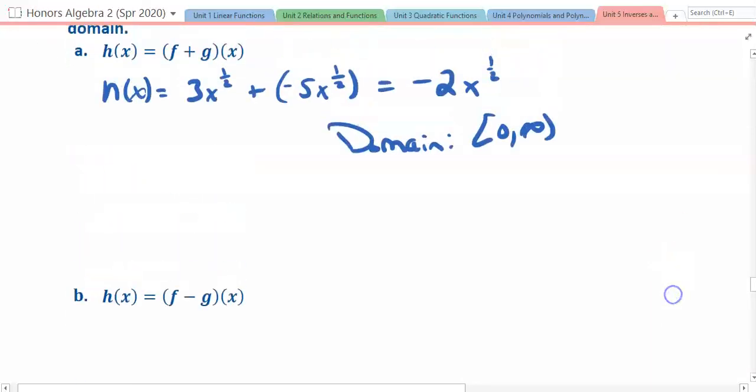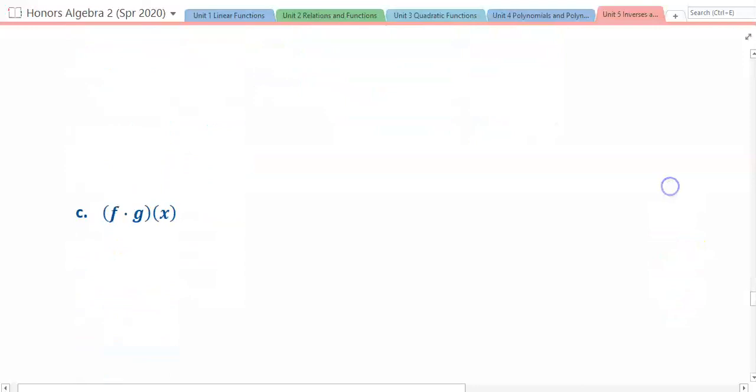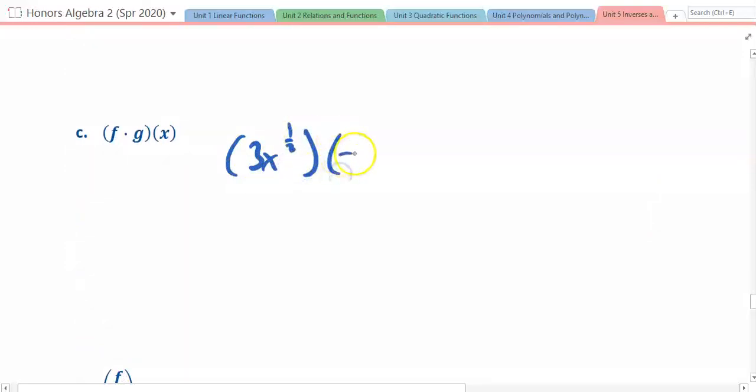So I've got 3x to the 1/2 for the f function and negative 5x to the 1/2 for the g. And so I'm going to get 3x to the 1/2 multiplied by negative 5x to the 1/2. When I multiply the coefficients together, I get negative 15. When I multiply the x's together, x to the 1/2 times x to the 1/2, what do I do with those powers?